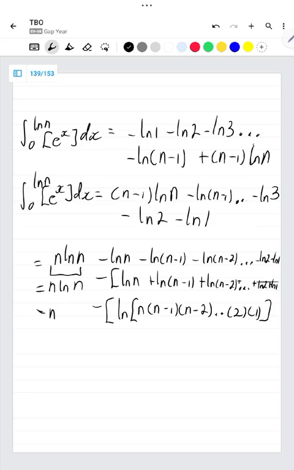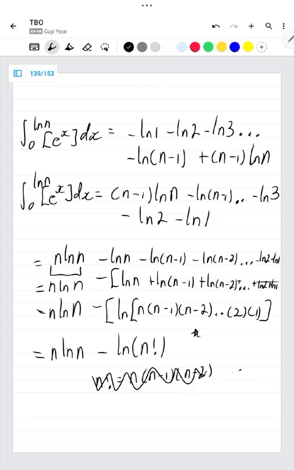That'll be log of n multiplied by n minus 1 multiplied by n minus 2, and so on until 2, then 1. And then we got n log n minus log n factorial, where n factorial just means n multiplied by n minus 1 multiplied by n minus 2, and so on. Yep, that's it.